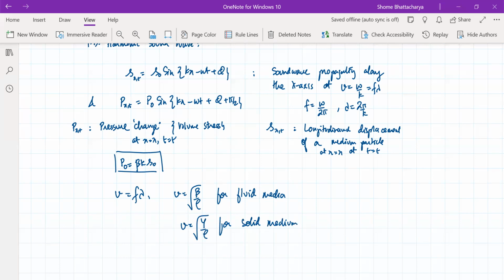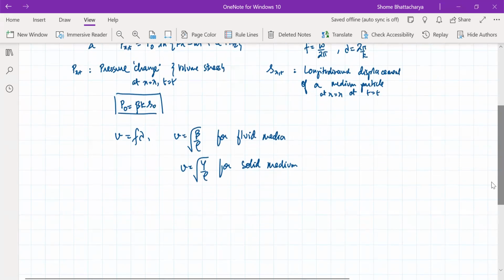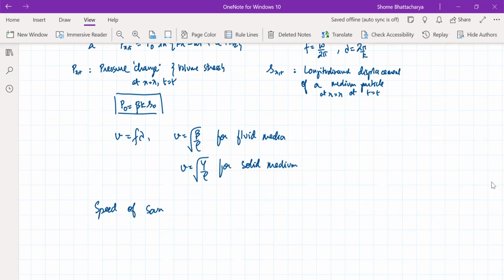Okay. Now when we discuss sound waves propagating through ideal gases, audible sound has a frequency range of 20 to 20,000 hertz.